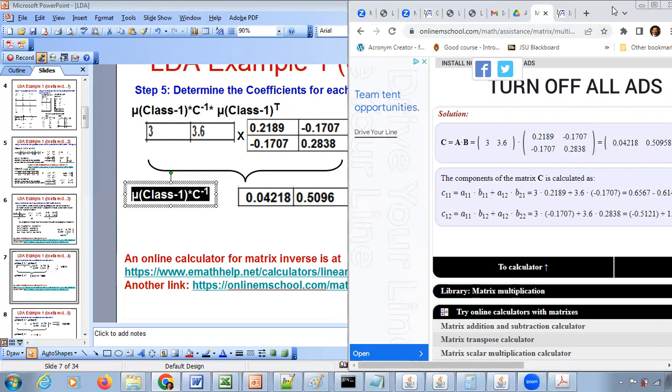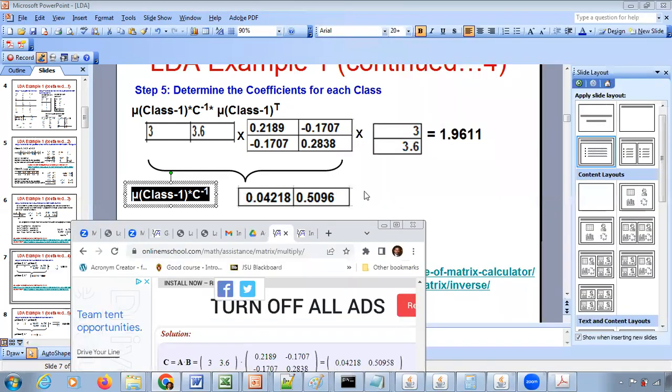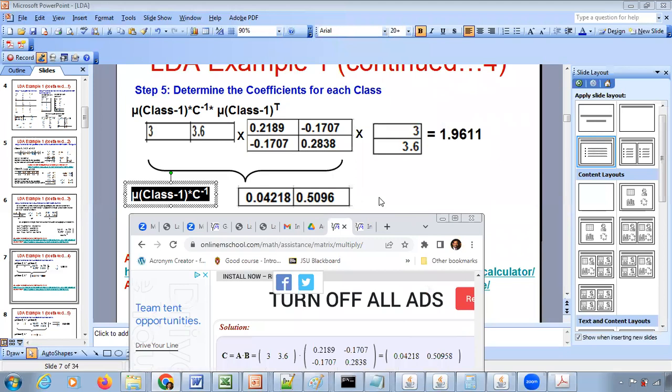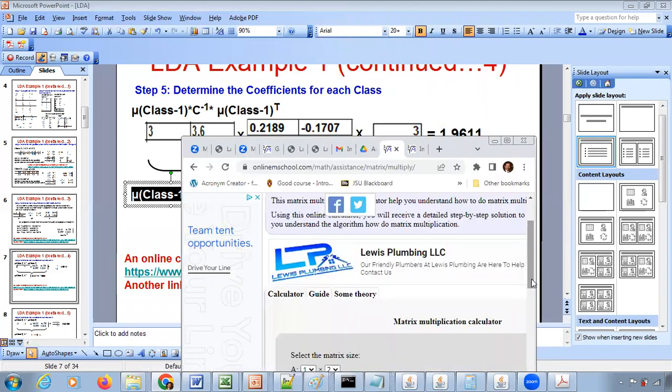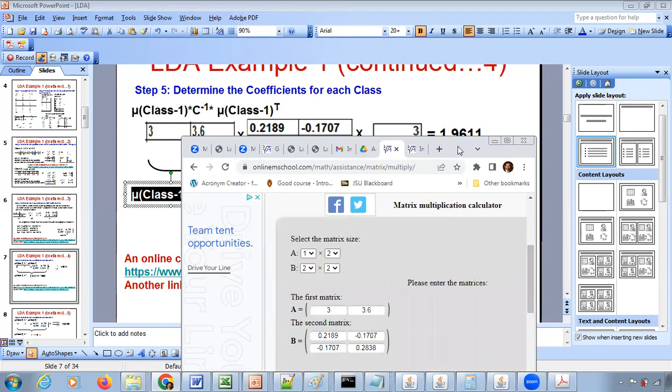And we have to multiply now this intermediate product matrix with this 3, 3.6. So this is again a 1 row, 2 column matrix. We don't have to change the dimensions here. But the second matrix we're going to multiply is a 2 row, 1 column matrix.